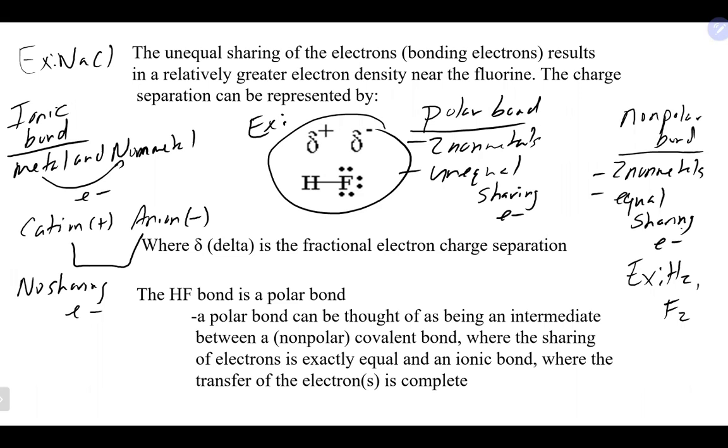Somebody is still hanging on, but it's definitely not equal sharing, resulting in our partially positive and partially negative charge. Any questions on the different types of bonding? Once again, these two are covalent bonds, and this is an ionic bond.